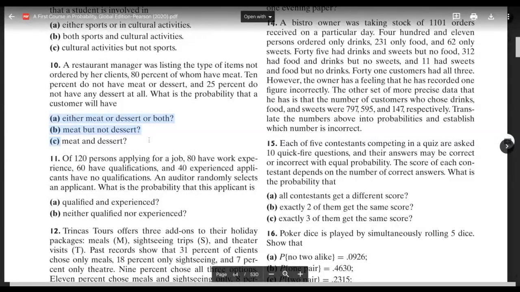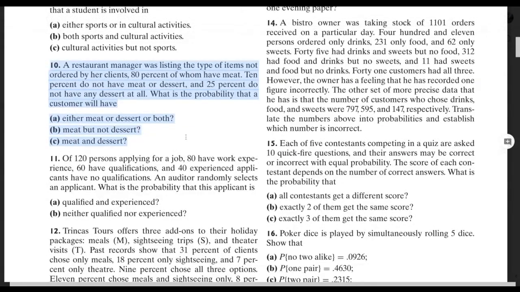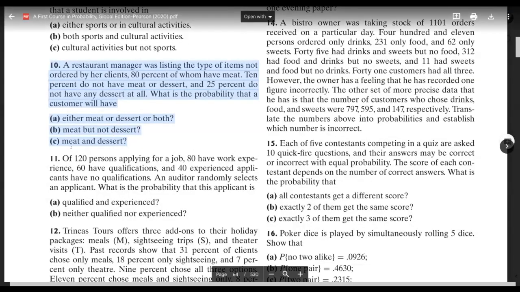All right, so A is either meat or dessert or both. It's or. B is meat but not dessert, the complement. C, meat and dessert, so intersection.